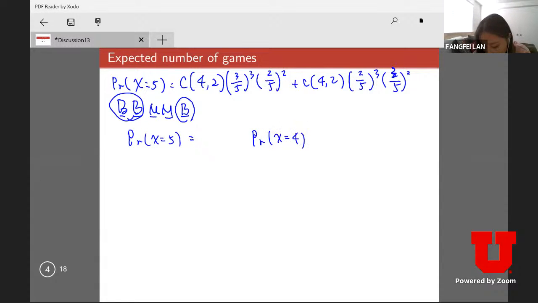We already know the probability of X is equal to 4 and X equal to 3. And these are the 3 possibilities we can have. We cannot have more possibilities. So that means we can do this, right? So either way, it's fine. You get the same answer.